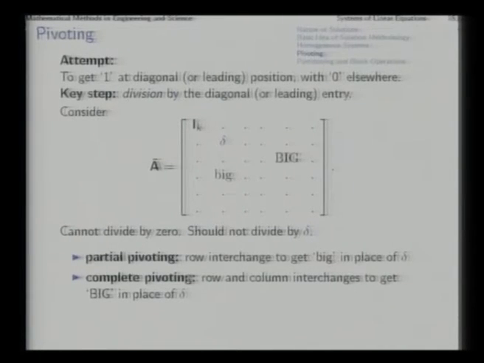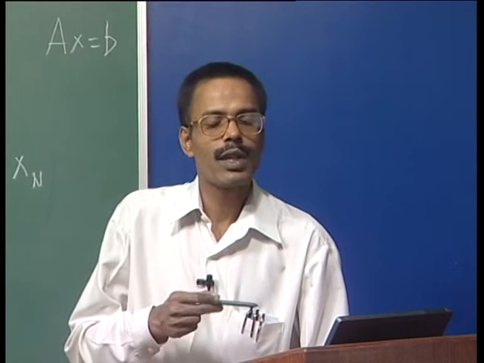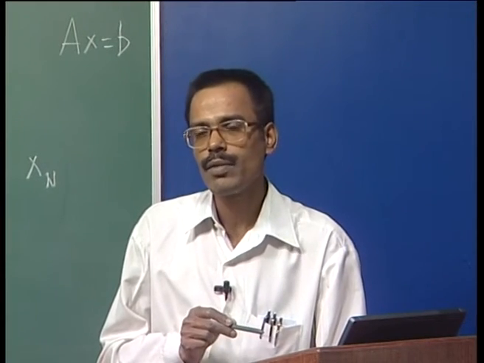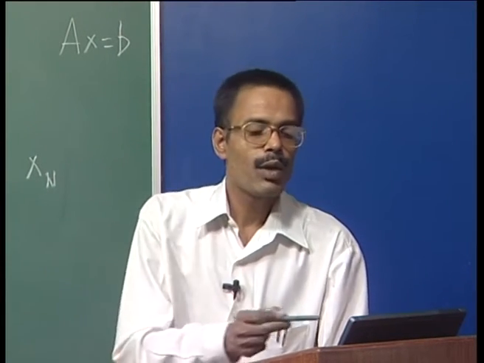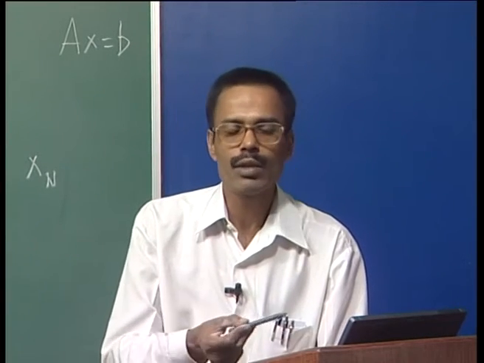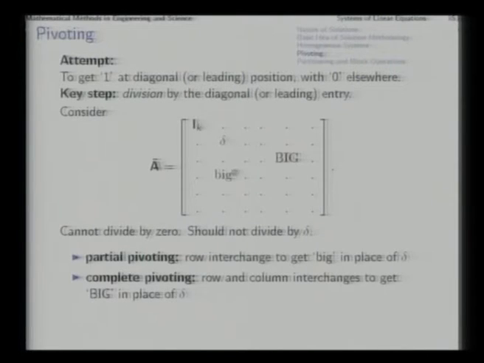Now, quite often in computational programs you will find that complete pivoting is actually a wasteful exercise. We might do it, but it does not achieve a lot of advantage. Quite often, or most often, partial pivoting helps to sort out the issue much more easily, though complete pivoting can be done.